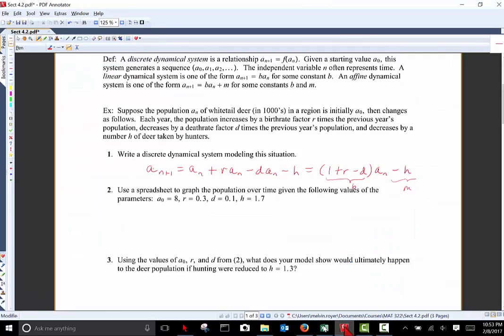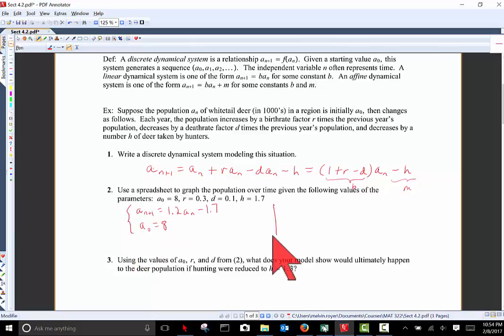So let's record that. We have a sub n plus 1 equals, if I compute the b value, 1 plus 0.3 minus 0.1, turns out to be 1.2 a sub n minus 1.7, and we're starting out with a sub 0 equals 8.